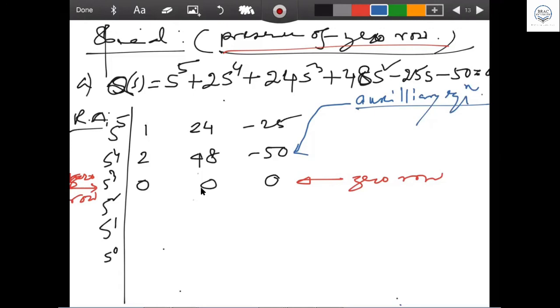The 2 is multiplied with s to the power 4, 48 will be with s square, and 50 will be with s to the power 0. So the auxiliary equation is 2s to the power 4 plus 48s square minus 50 s to the power 0 equal to 0. This is the auxiliary equation coming from here. Got it?